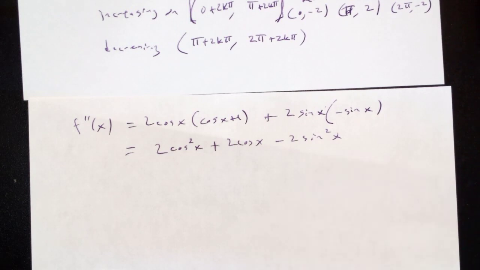My favorite Greek geek, Pythagoras. Because sine squared plus cosine squared is equal to 1, I can replace the sine squared with a 1 minus cosine squared. Just move it to the other side.